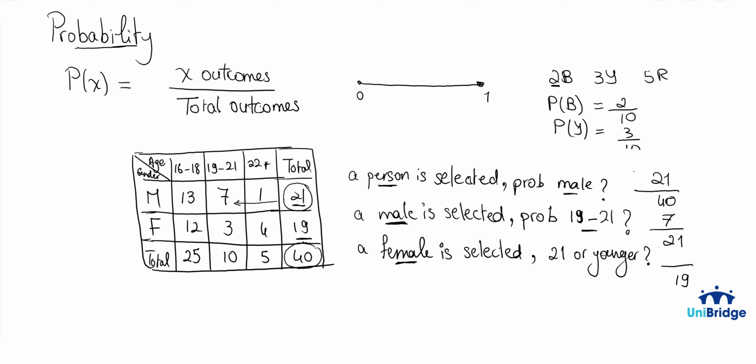Out of only these 19, how many were 21 or younger? Notice that if she's from 16 to 18, she's still less than 21, so you want these two ranges. Out of these 19, I'm going to take the 12 and the 3. So you're going to have 15 out of the 19 who are 21 or younger.